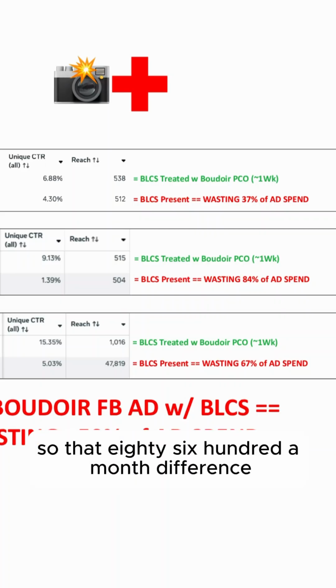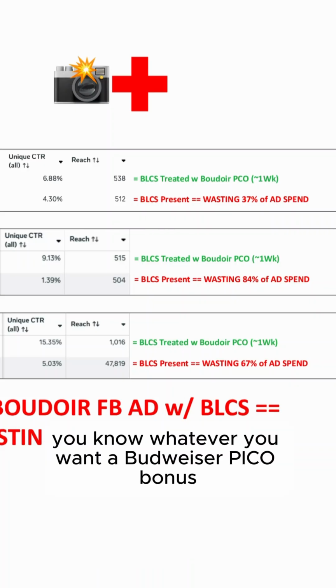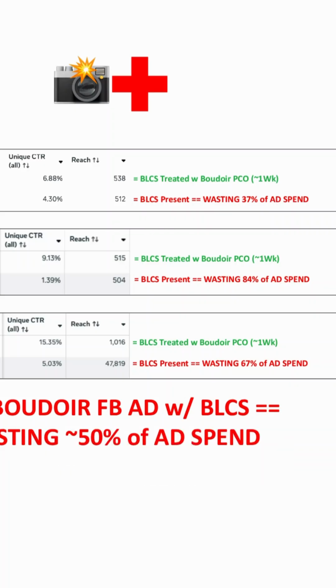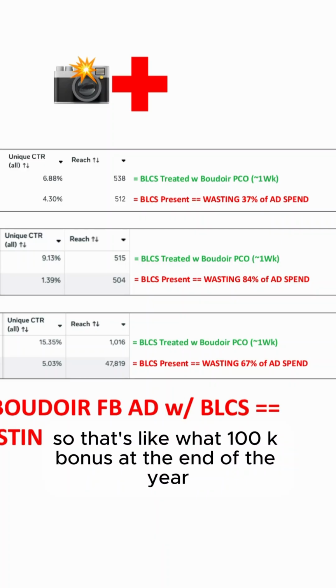So that 8,600 a month difference, they no longer have to spend it. They can just pocket it as kind of a phantom bonus, whatever we want, a Boudoir Pico bonus, simply from having their BLCS treated with Boudoir Pico. So that's like what, a 100K bonus at the end of the year.